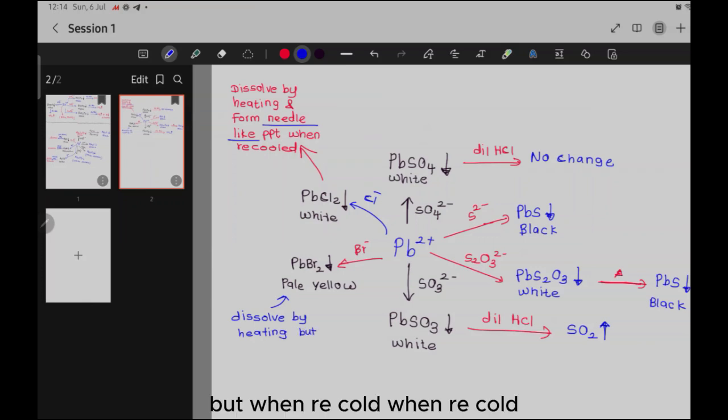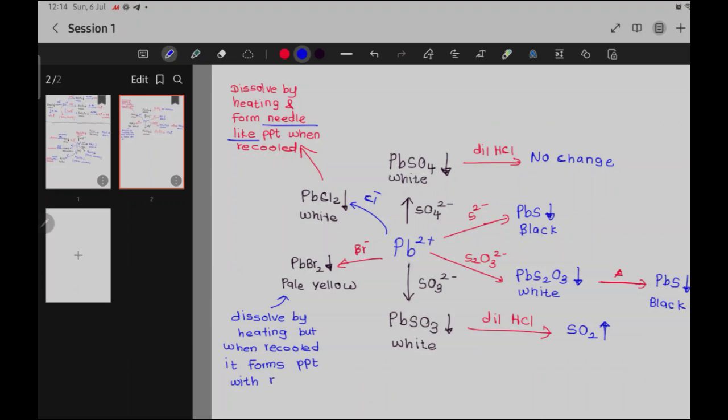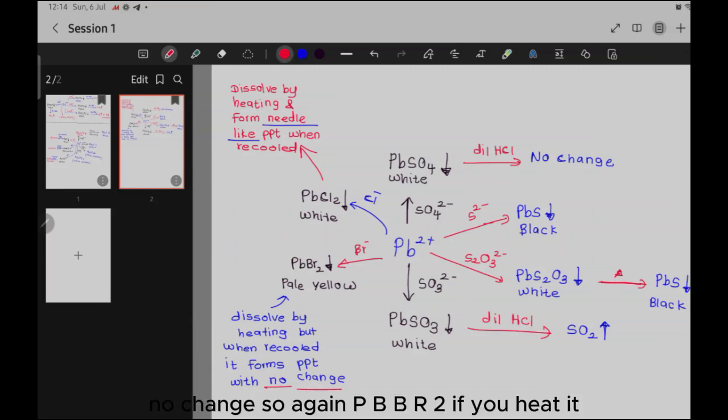But when recooled, it forms precipitate with no change. So the keyword is no change.